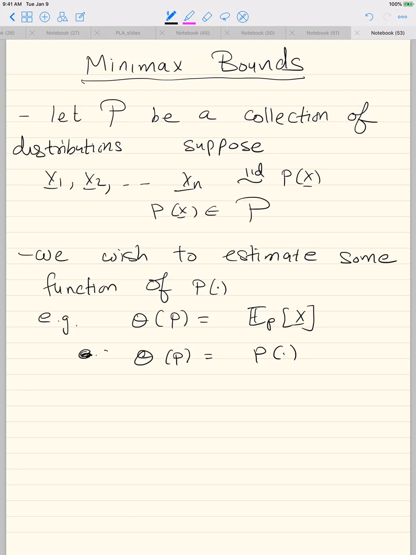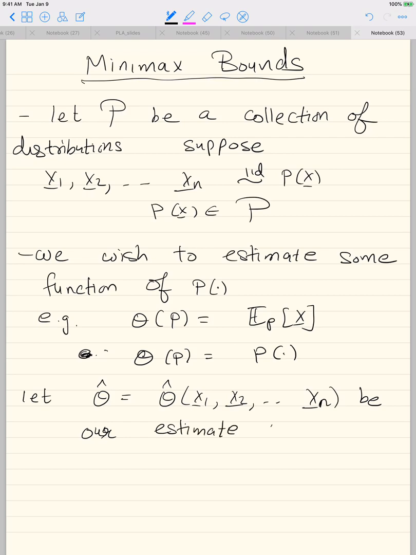So what we do is, we let theta hat be our estimator. So we are given n points, x1 to xn. We introduce some estimator, theta hat of x1 to xn, to estimate the quantity we want. Theta of P is the true value.